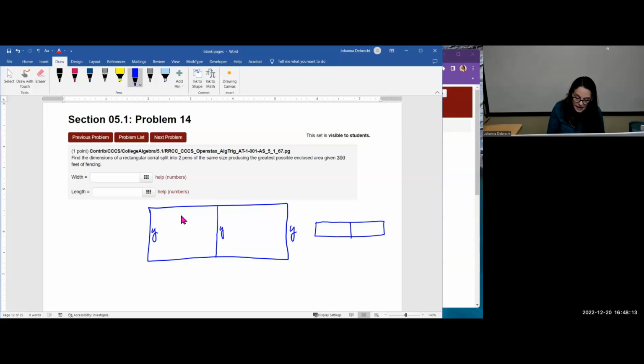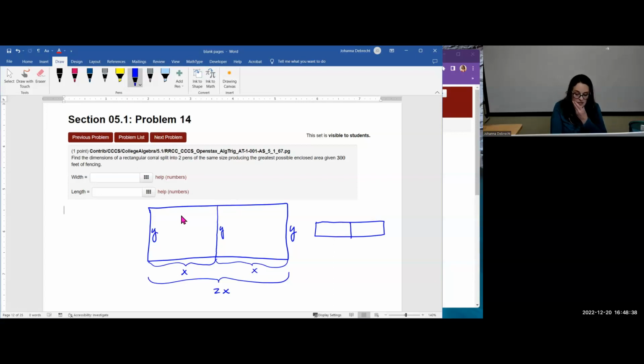I could call this x, but then since I split it into pens of the same size, each one individually would be half of x. And I don't want to deal with fractions. So I'm actually going to make this right here be x, which means that the whole side is 2x, because this is also going to be an x.